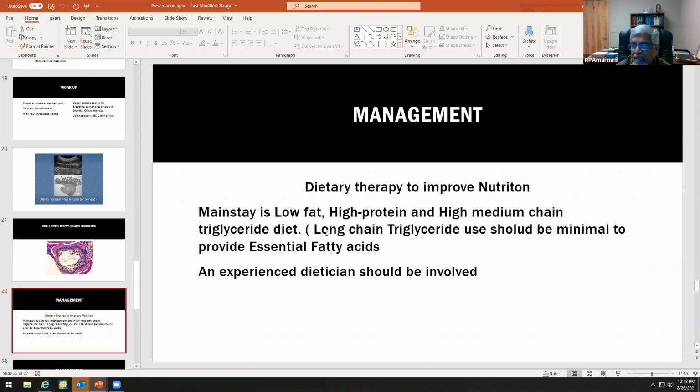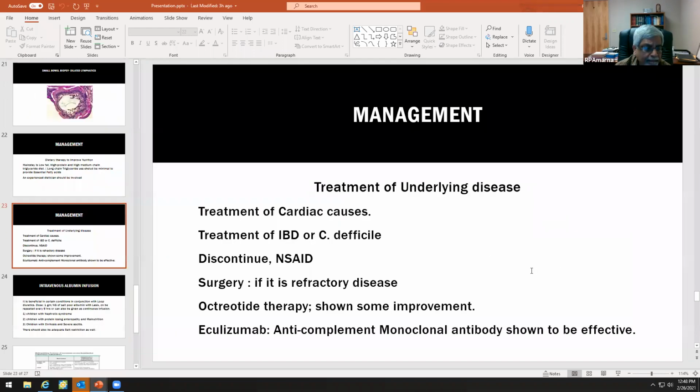One example is Enfaport, or even all the synthetic formulas that we have, like Alimentum or Neocate, all of them have more than 70% of the calories coming from MCT oil fat rather than regular long chain triglyceride fat. So don't use any normal formulas in these babies.